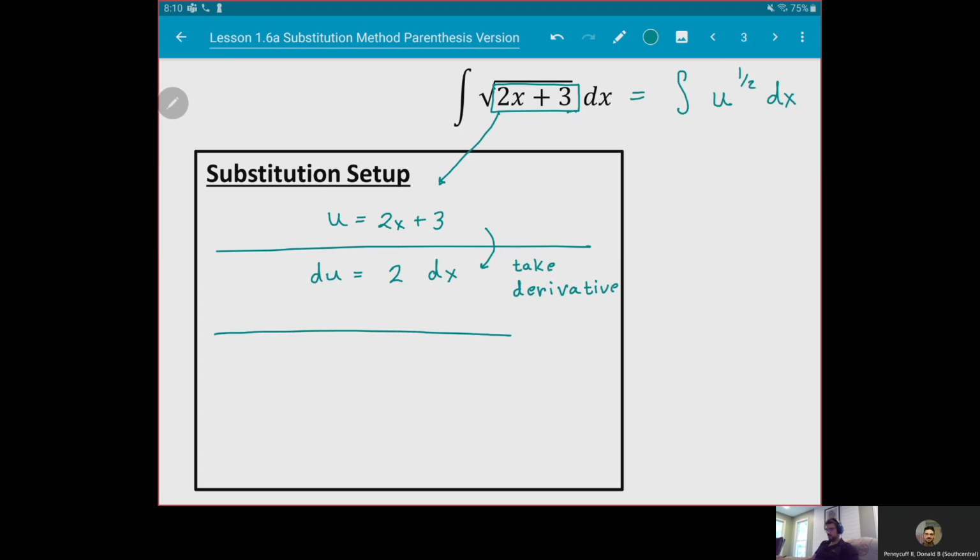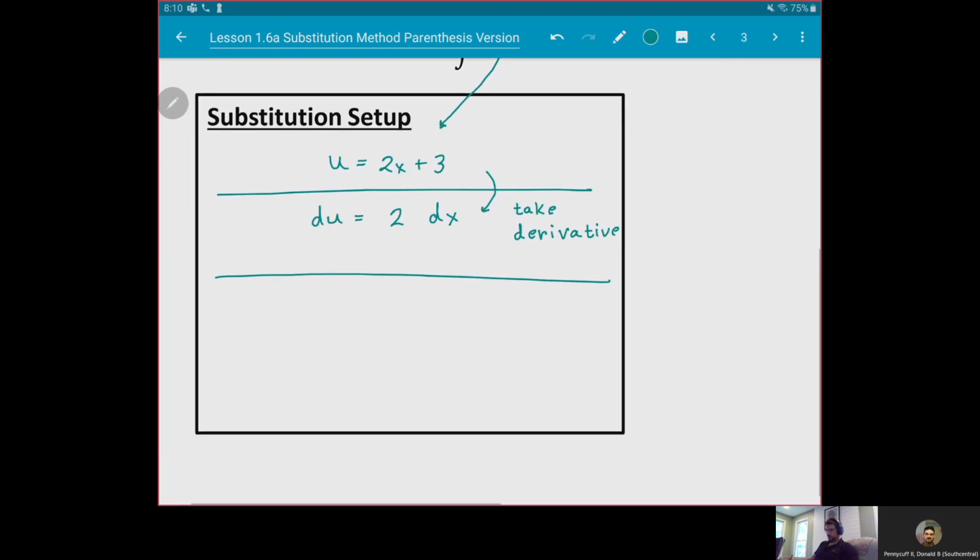So that is step 2. Step 3, we are going to get the dx by itself. So that's going to be 1/2 du equals dx. So get dx by itself.